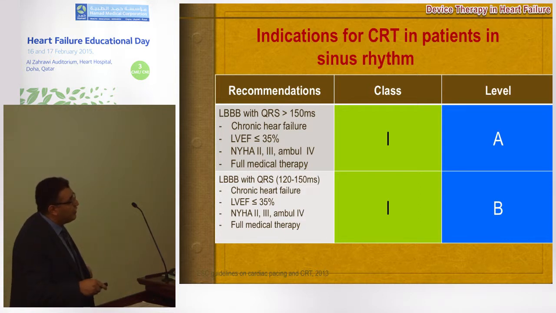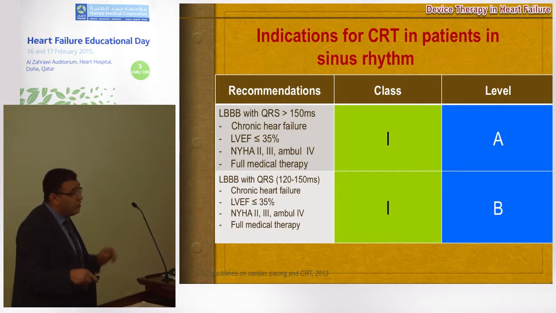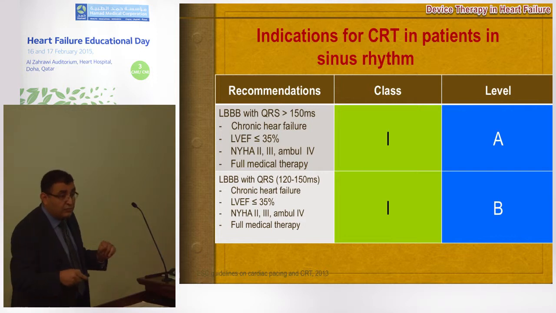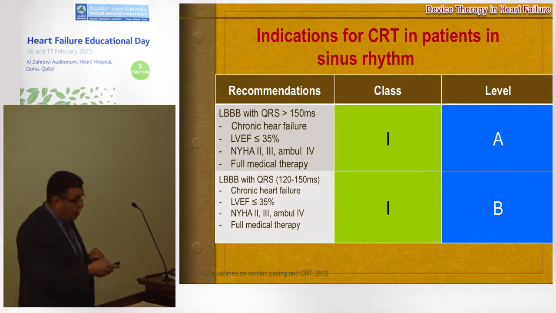In addition to an ejection fraction below 35%, they have a New York Heart class between 2 to 3 or ambulatory 4, and they should be on full medical treatment. We get premature referrals sometimes. They need to be on full medical treatment.